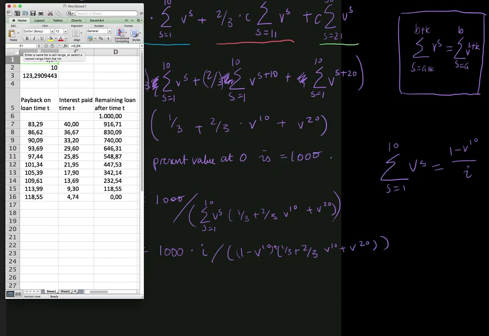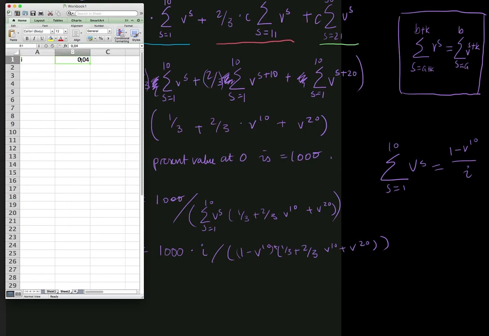Let's just call this interest. And the discount factor is then given by 1 over 1 plus interest, right? And let's just give this the name discount factor, V.